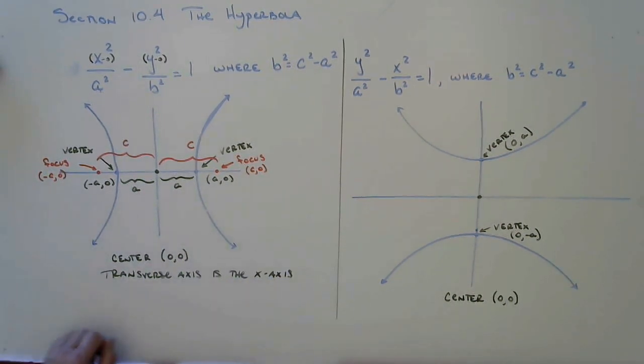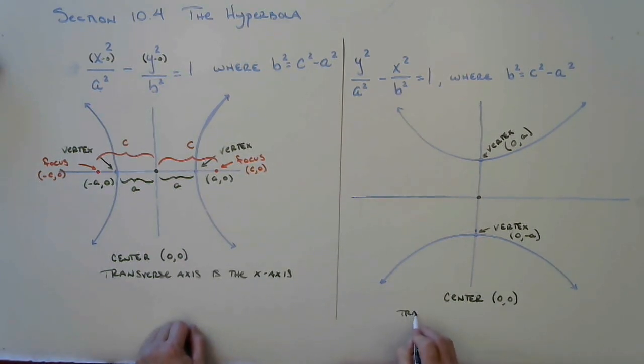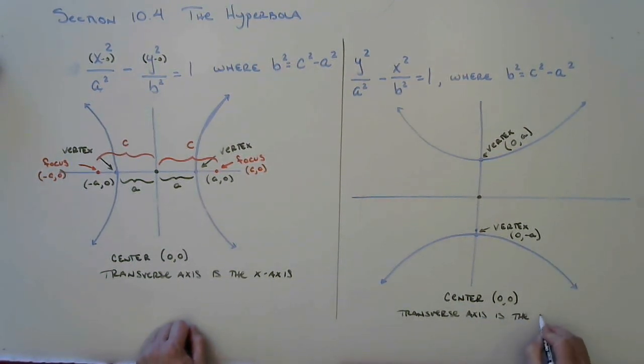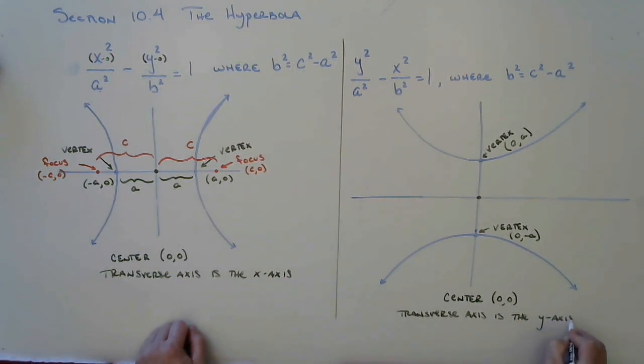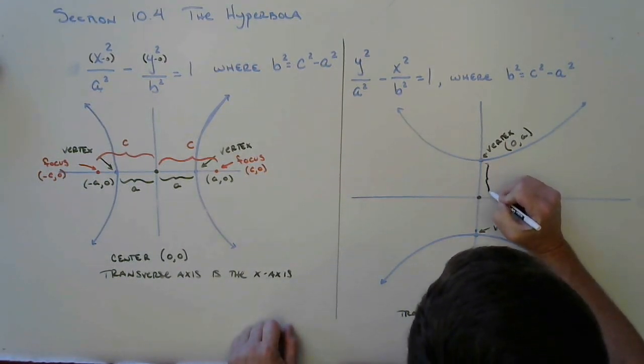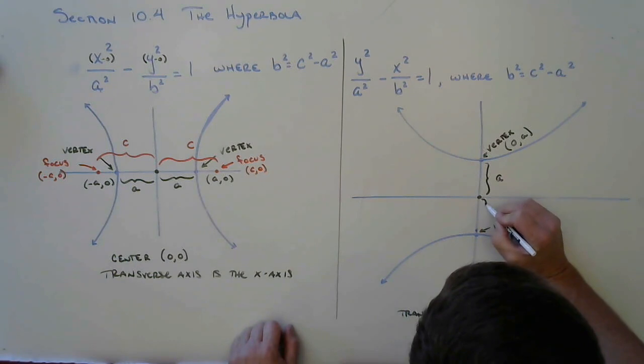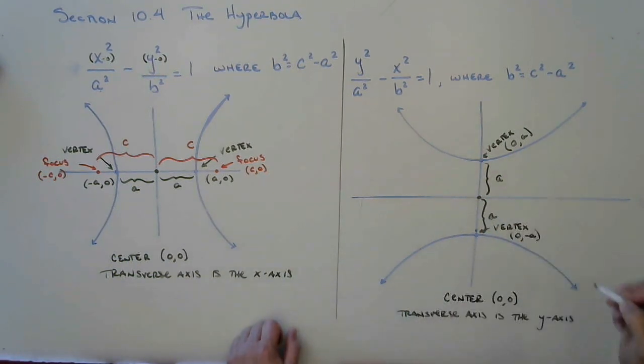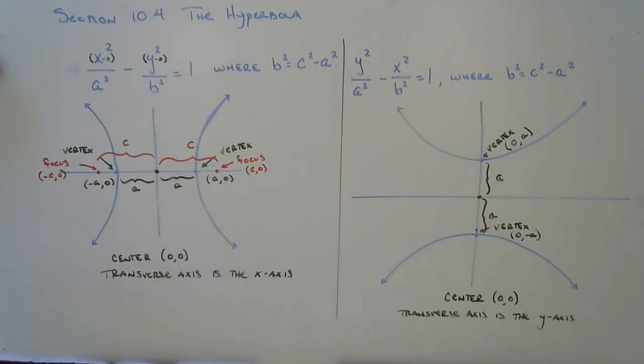Over here we said the transverse axis is the y-axis. Okay. Now we also know this distance here is a, just like before, and this distance here is also a. So the distance between the two vertices is 2a, a plus a.